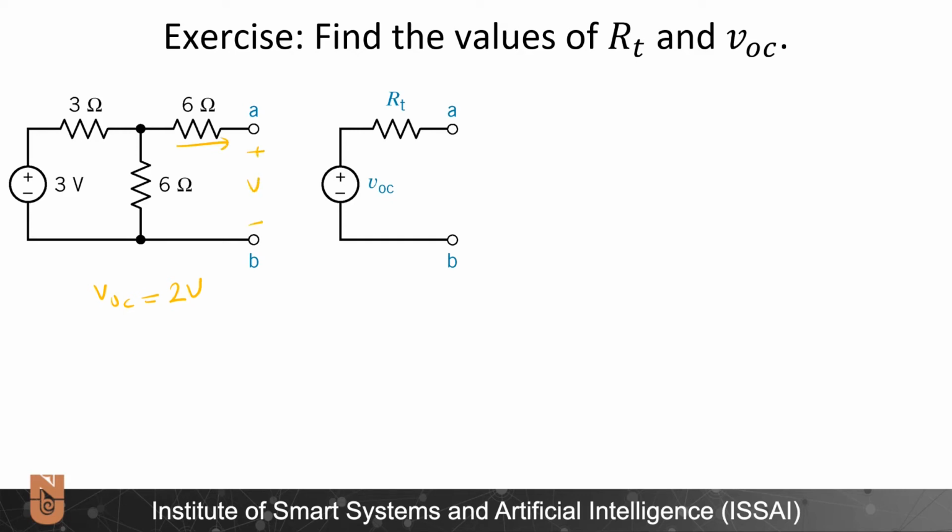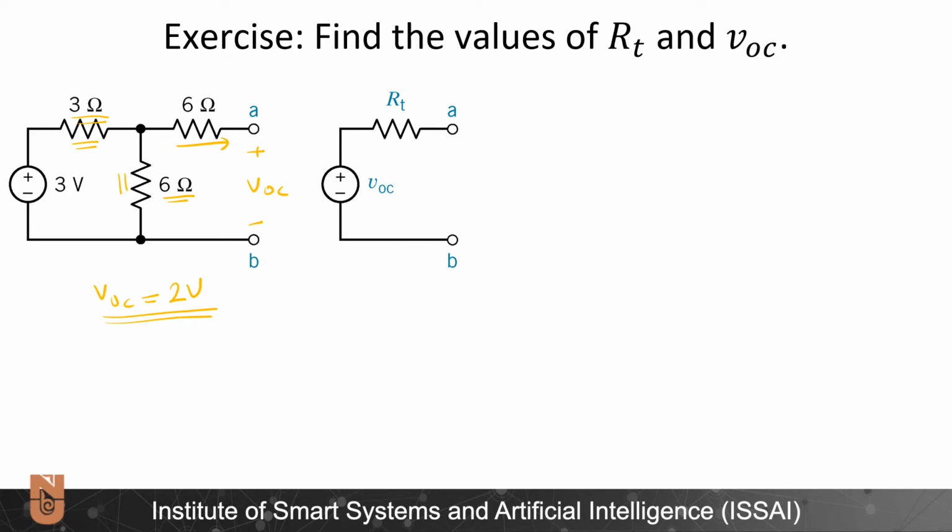I have the open circuit through these 2 ports, and I can assume that the whole circuit is actually 3 volts connected to a 3 ohm resistor and 6 ohm resistor, and I will do a voltage division in which 1/3 of the voltage will be dropping over this 3 ohms and 2/3 will be dropping over the 6 ohms. Accordingly, I wrote by just looking at the circuit 2 volts.